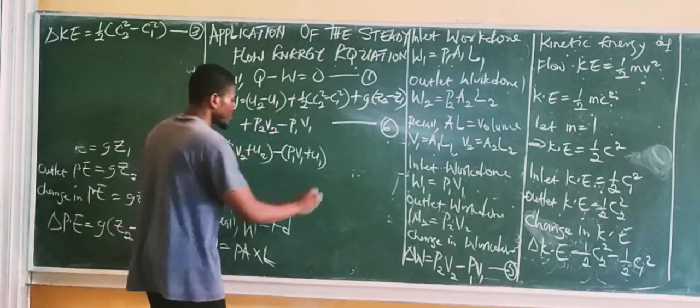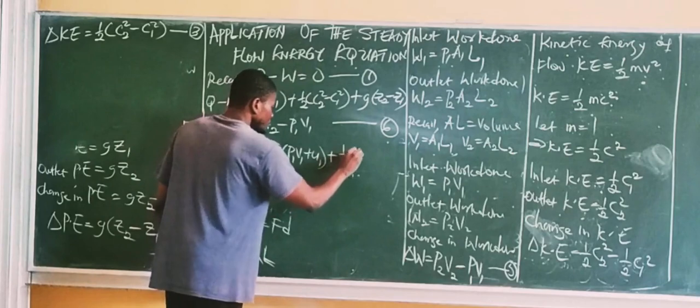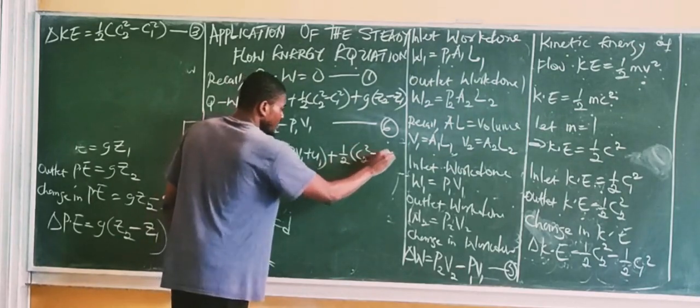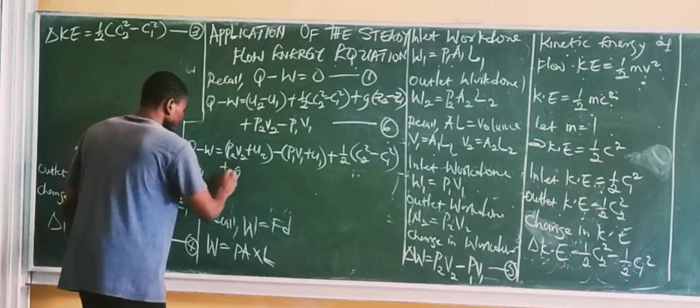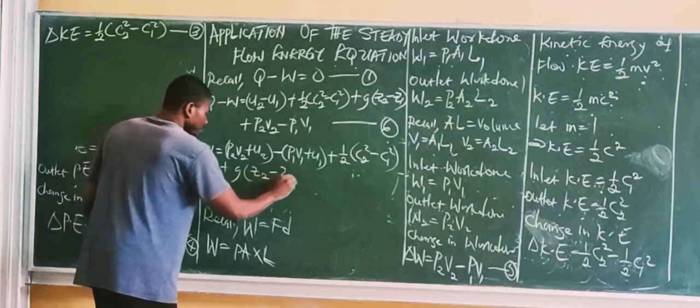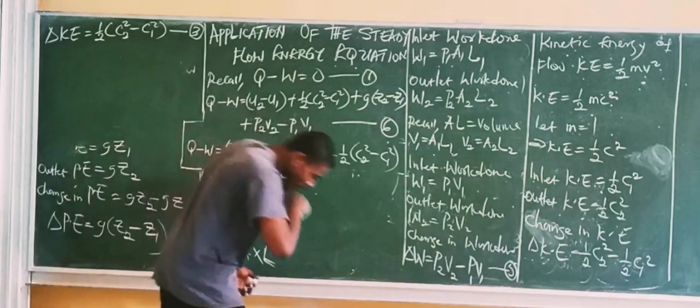Plus 1/2 (C2 squared minus C1 squared) plus g(Z2 minus Z1).